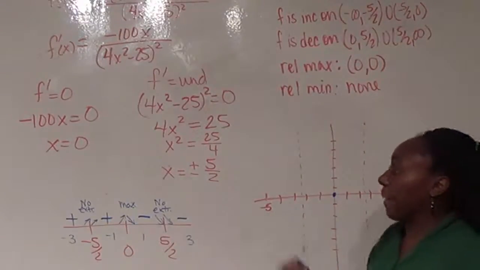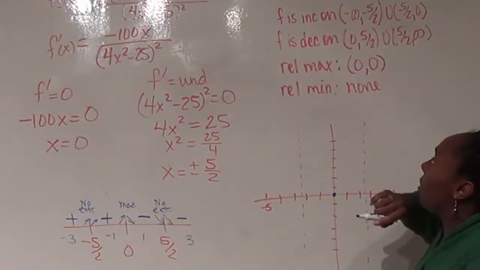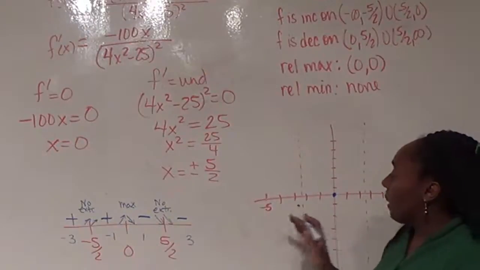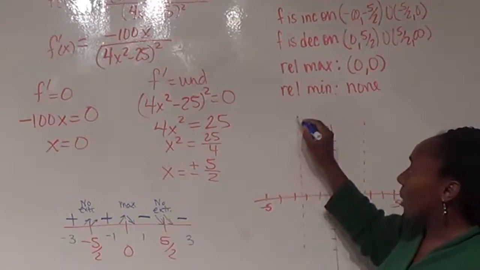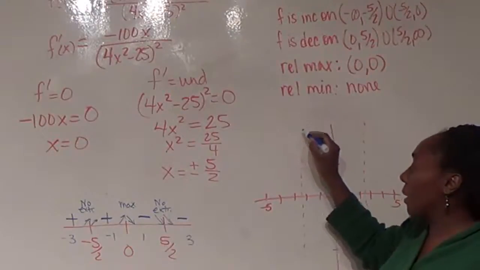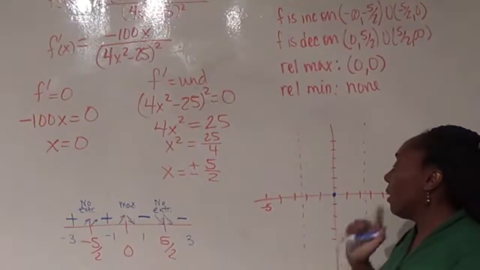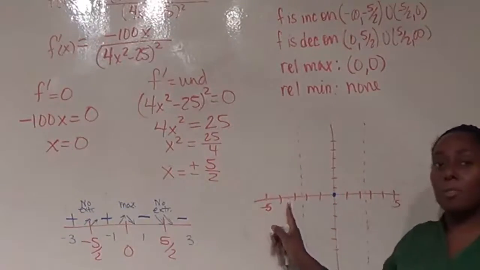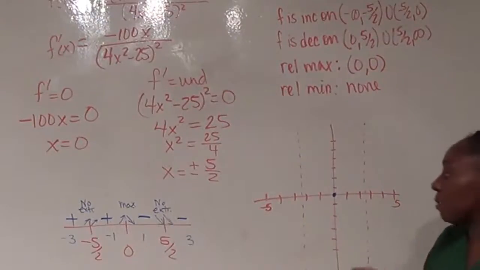Starting over here at negative infinity, you see from negative infinity to negative 5 halves, it's increasing. Well, here there's kind of two options. Increasing could mean I'm increasing this way, starting down here and going up towards the asymptote. The problem with that is I'd have to cross the x-axis, and as we've said, we only have the one intercept.